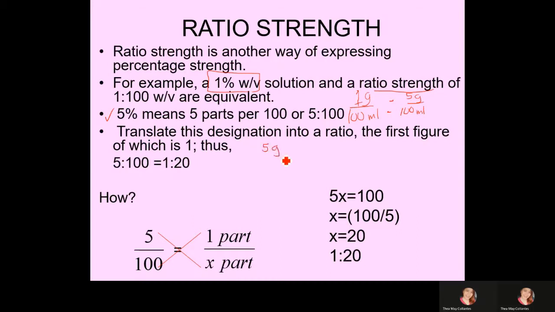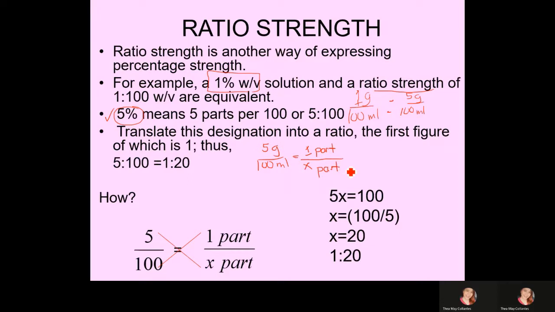So, 5 grams over 100 ml. In order for me to convert this percent weight per volume, what I would want is to have it ratioed to 1 part. It's automatic, guys, 1 is what you pair it with. So if my solute represents 1 part, the simplest term of my solution, what is my solvent part?